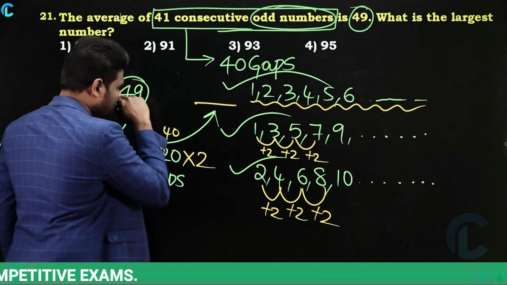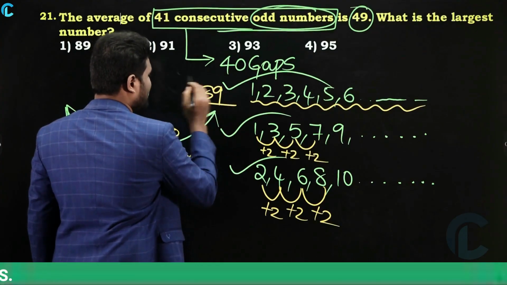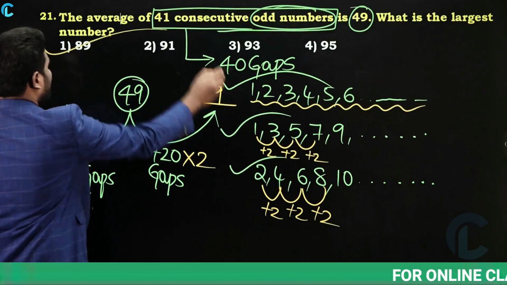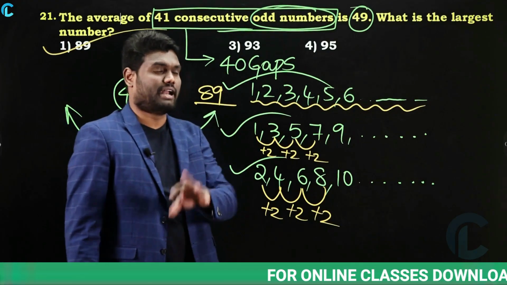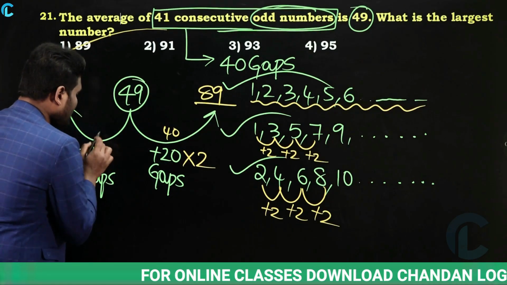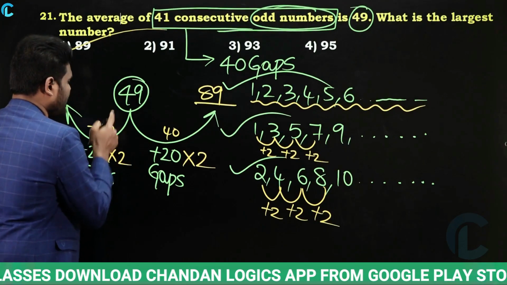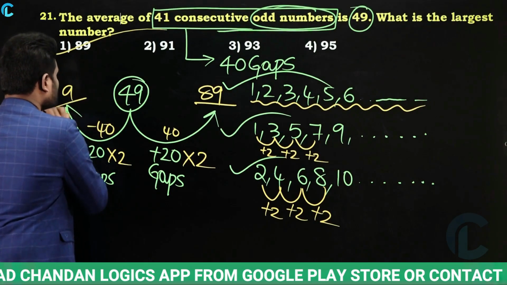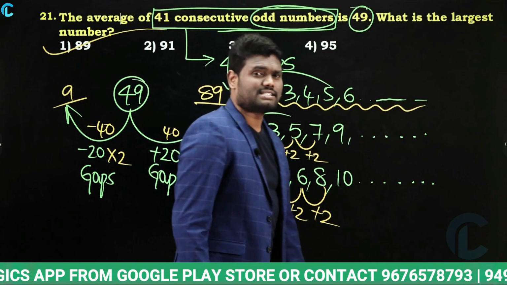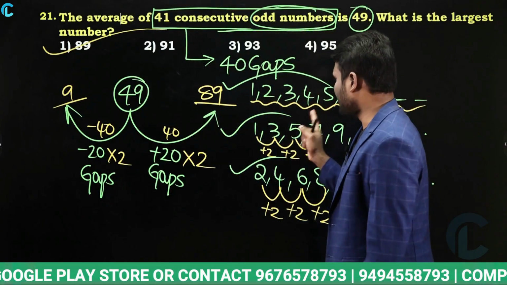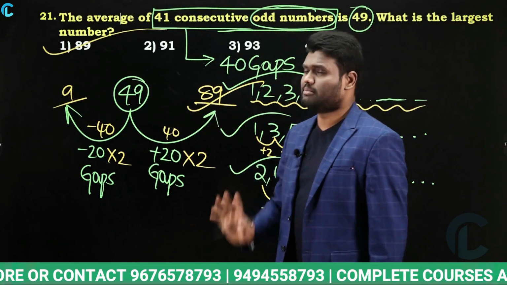Now 49 plus 40, the answer is going to be 89. So the highest number is going to be 89. If they ask you the lowest number, it is going to be 20 into 2, that is minus 40. 49 minus 40 is going to be 9. So the highest number is 89 and the lowest number is 9.